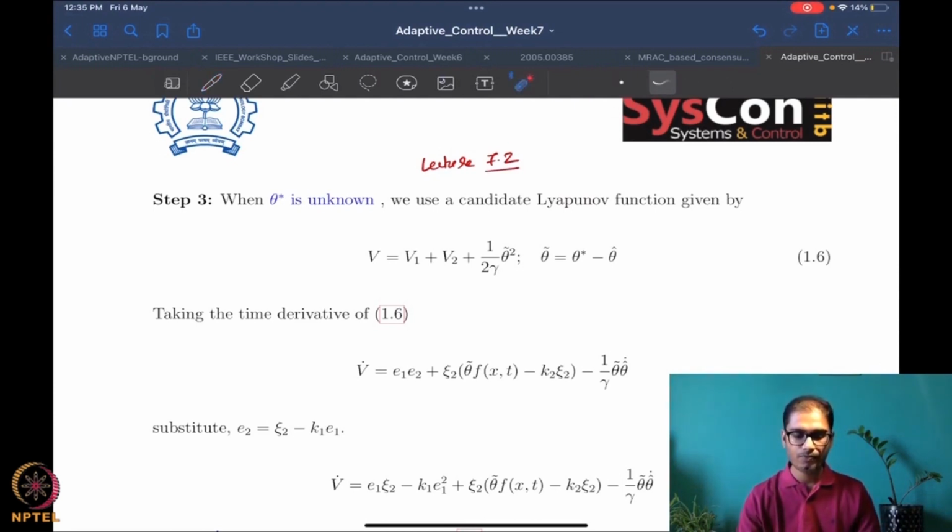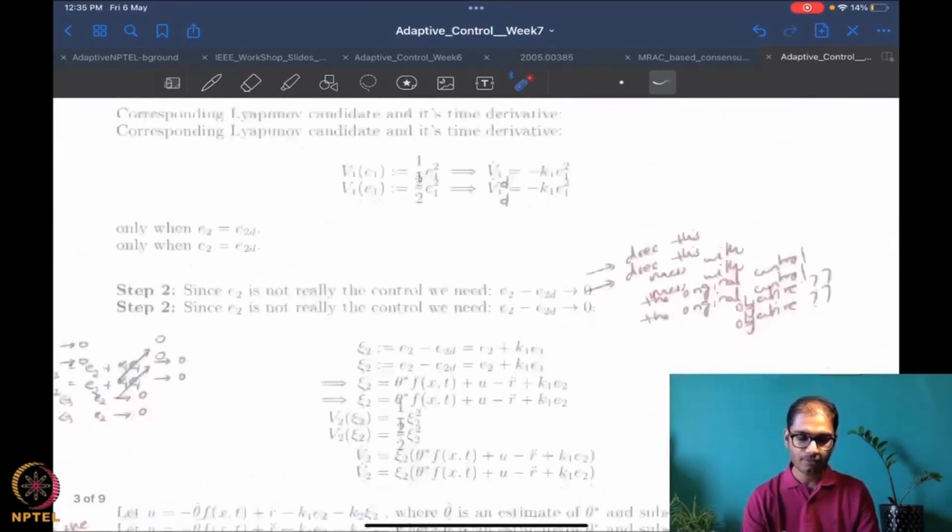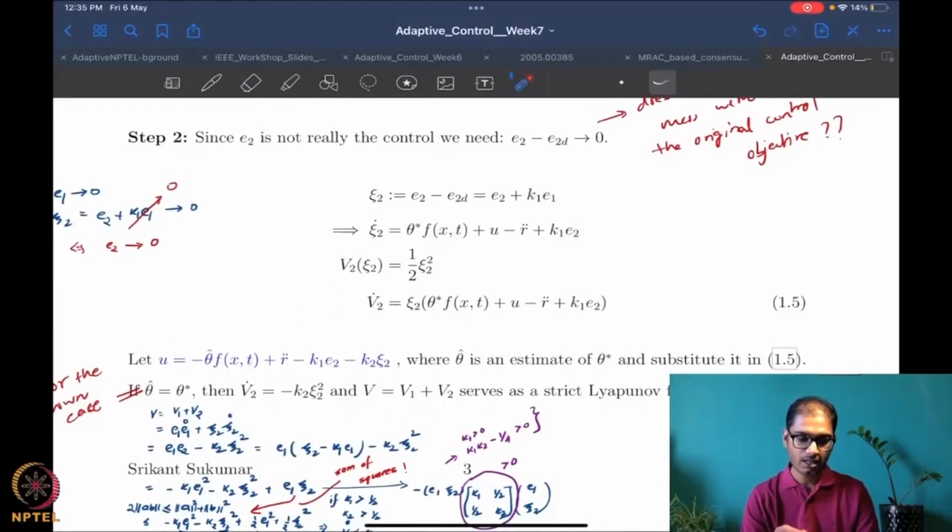Now, what happens when theta star is unknown? If you notice, we were very careful and we actually defined the control law with the theta hat itself to begin with, just like we do in certainty equivalence. So the principle is still the same. We designed it with a theta hat.